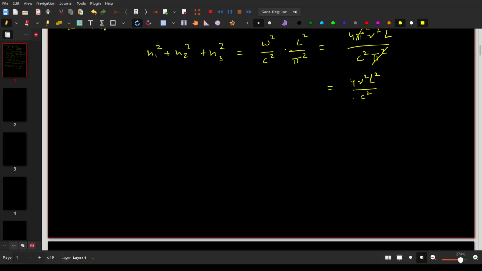If we denote 2 nu L by c as R, then the condition on n1, n2, n3 becomes n1 square plus n2 square plus n3 square equals R square, where R is 2 nu L by c.